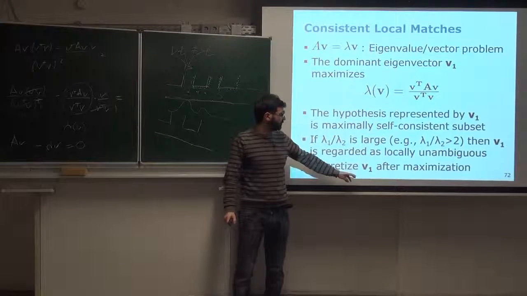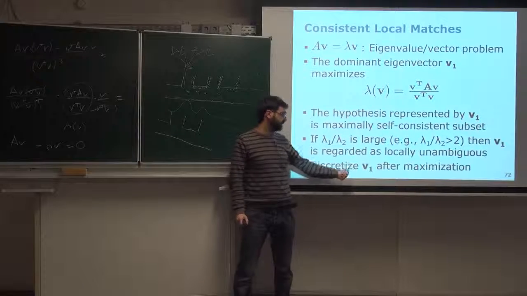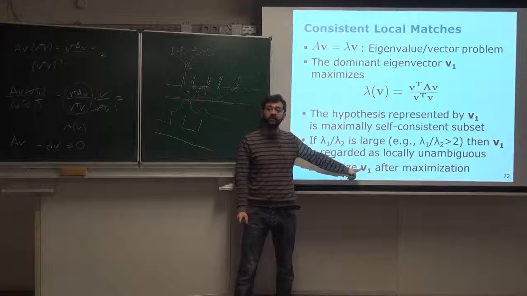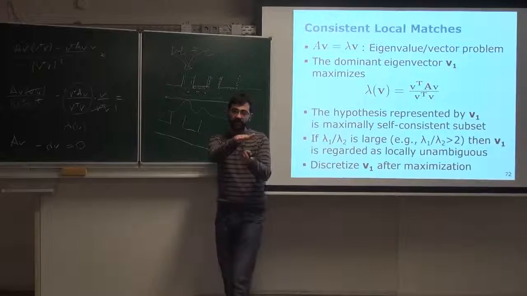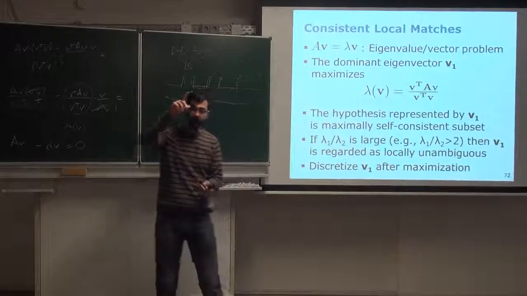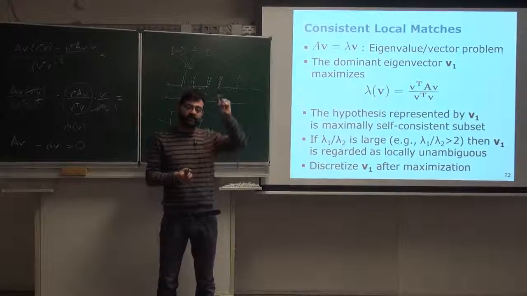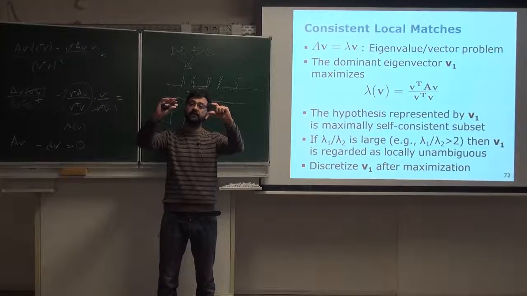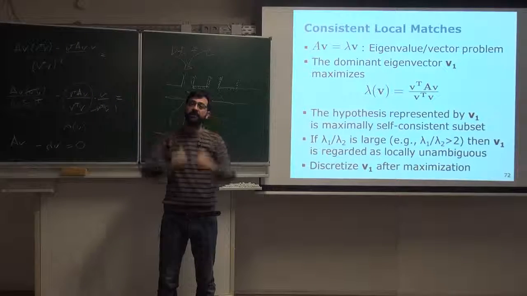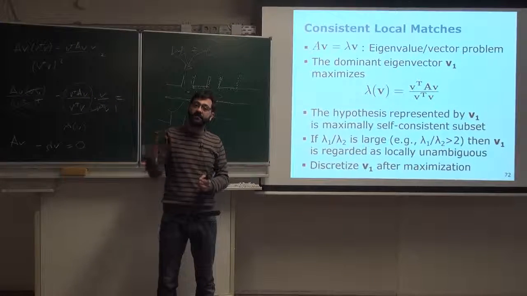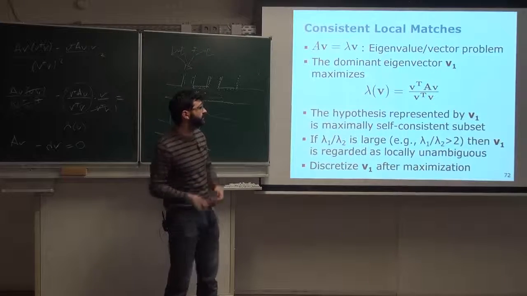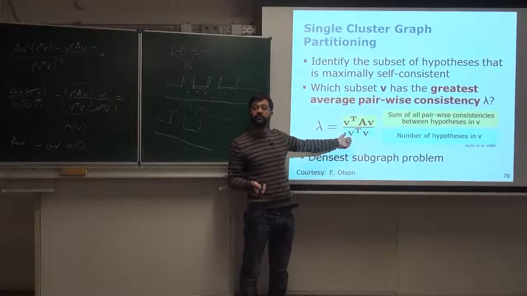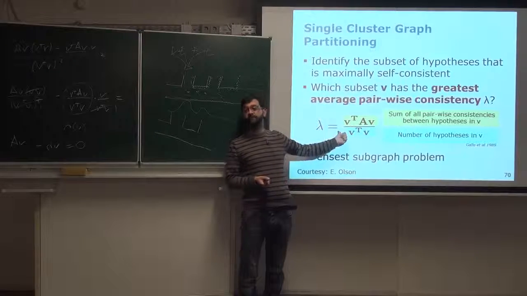One is you try to find the discretized vector that is the most parallel to V1. Okay? So you want to keep the direction. So you take the dot product of the discretized vector with the real vector, and you try to put it as high as possible. And the other one is you go back to the original formulation. That's what we wanted to find, and you try to find the V that maximizes that.